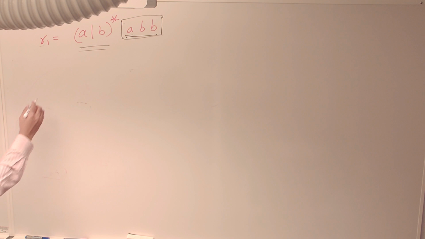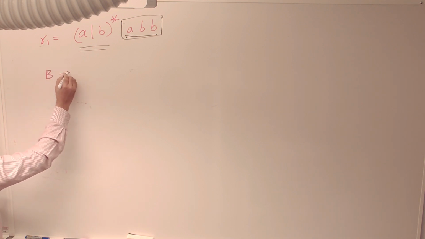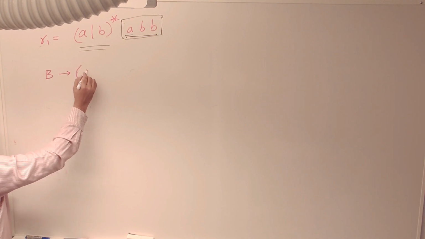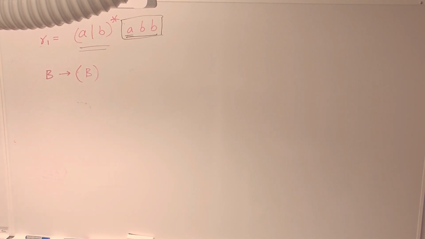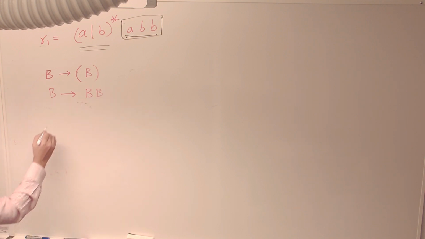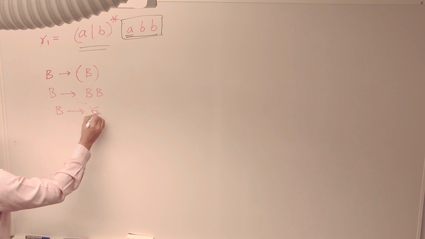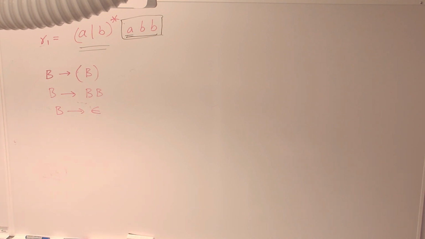So the grammar we have is basically B, okay, and we also have BB, and we can call them like this is rule number 1, this is rule number 2, and this is rule number 3.